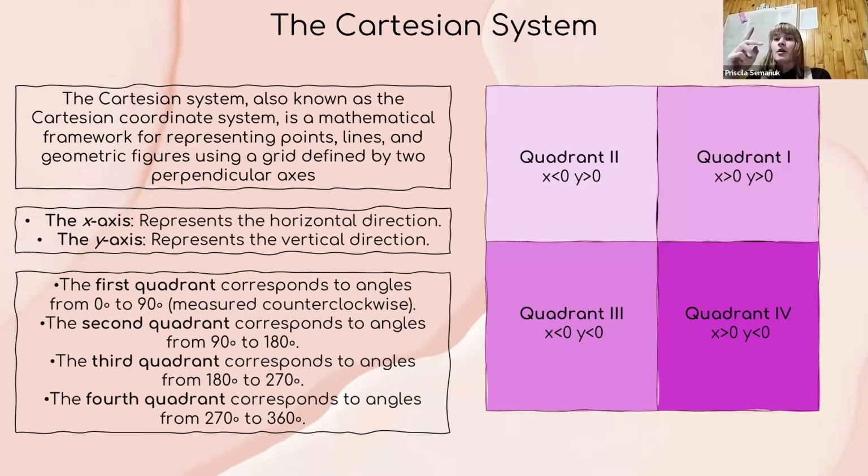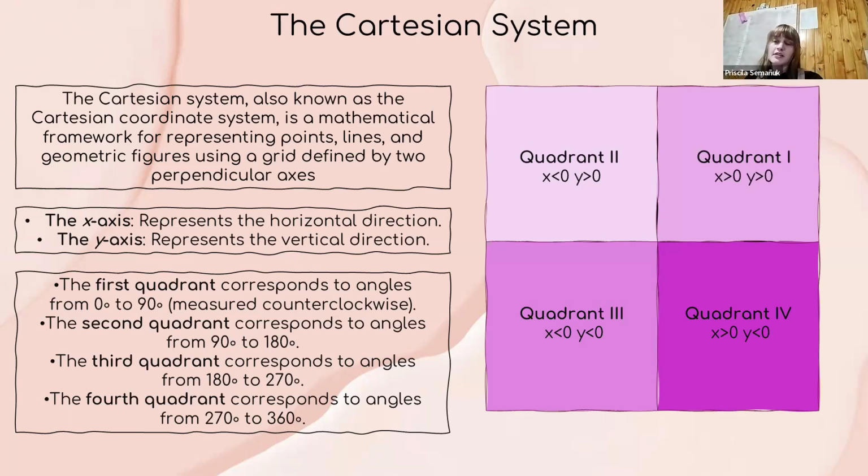So when we are standing here, if we go to the right, we'll be in the first quadrant, and if we go to the left, we'll be in the second quadrant. Well, we are also going upward, okay? Now, we always count counterclockwise, so this way.